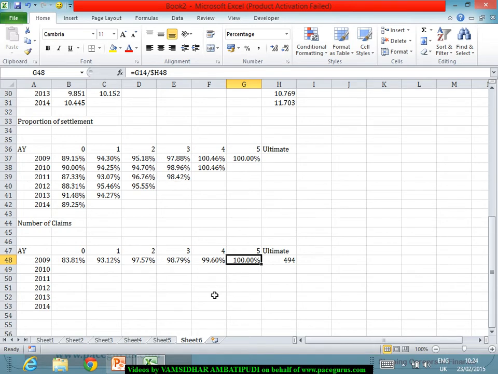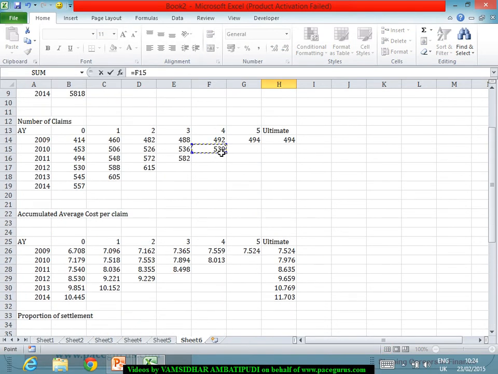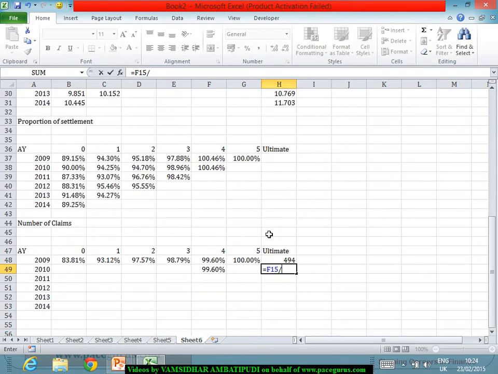Now, as part of the grossing up mechanism, for year 2010 I'll get the same ratio, which means from here I'll get my ultimate computation as this number divided by this, giving me that the ultimate for the next period is around 541.